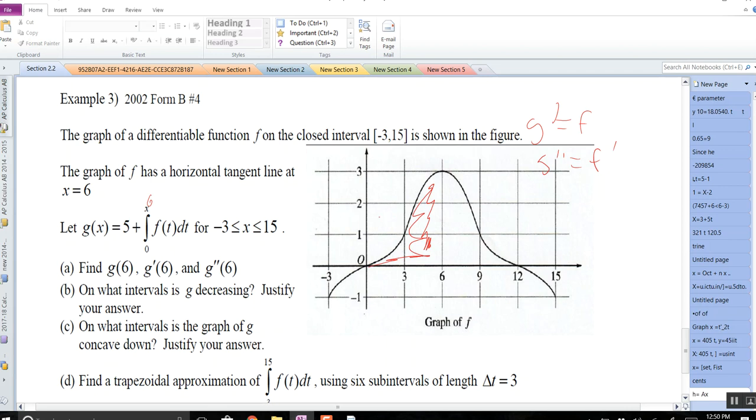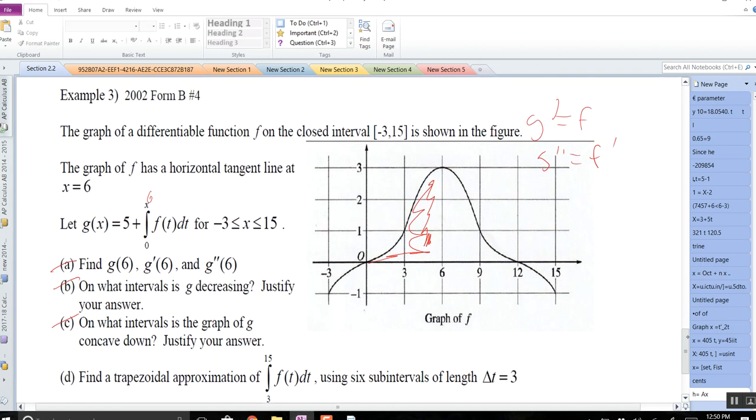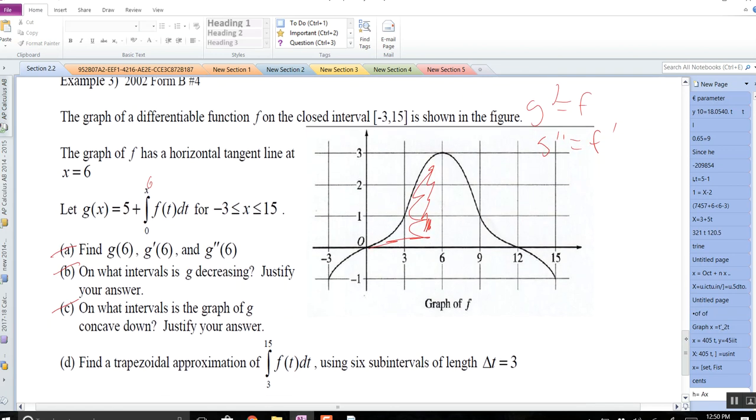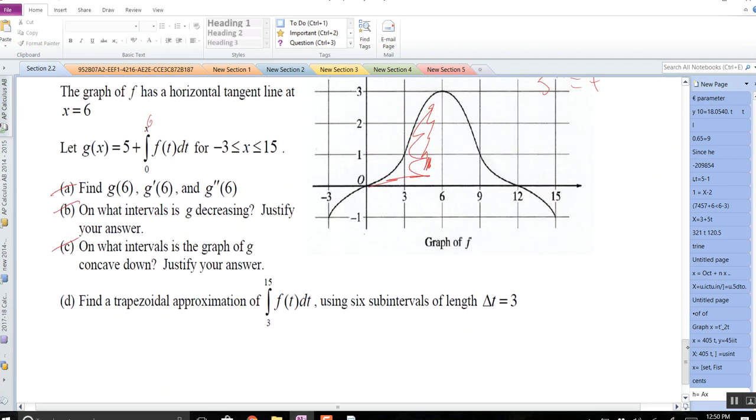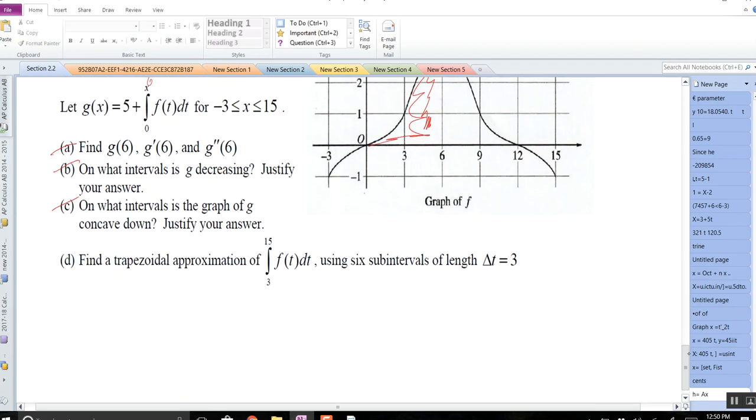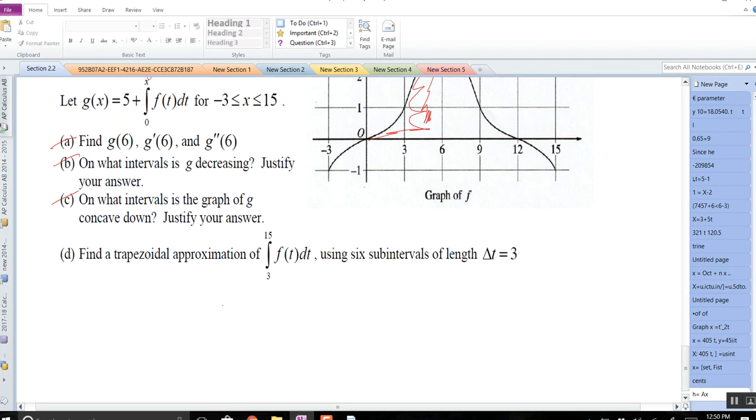But let's actually skip over these 3 questions for now and kind of just look more at part D. We're doing a trapezoidal approximation from 3 to 15 using 6 subintervals. So you're going to do f of 3 plus 2 times f of 6.